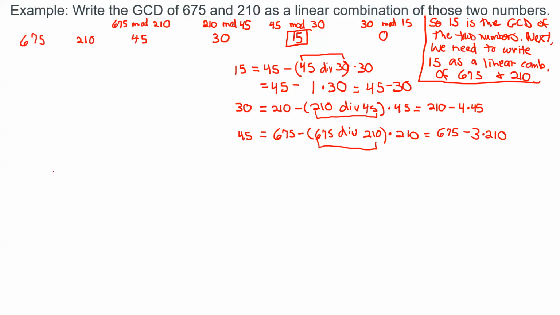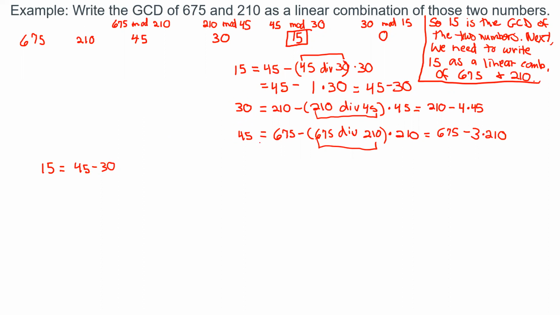So the next step I would do is get back to what I'm really trying to do and see how I can write 15, okay? Because 15 was the GCD. Well, it's 45 minus 30. That's what we have up here. But of these two numbers, we have those in these different formats.